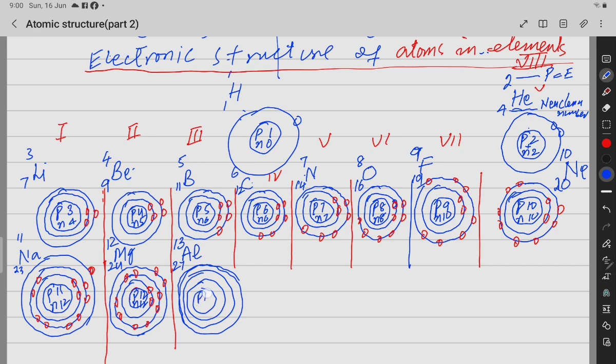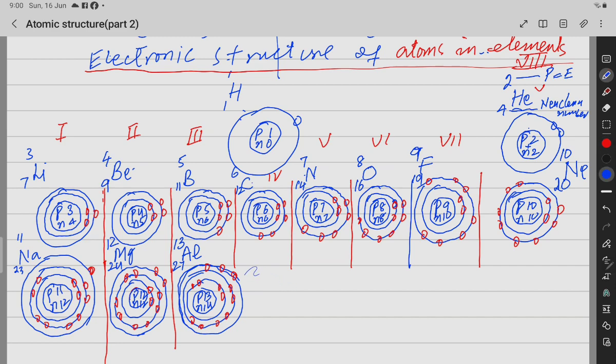Protons are 13, neutrons are 14. First shell has 2 electrons, second shell has 8, and third shell has 3 electrons because it is present in period 3.